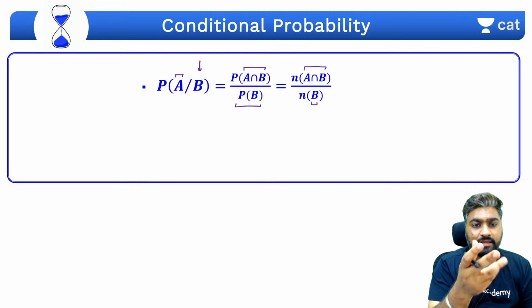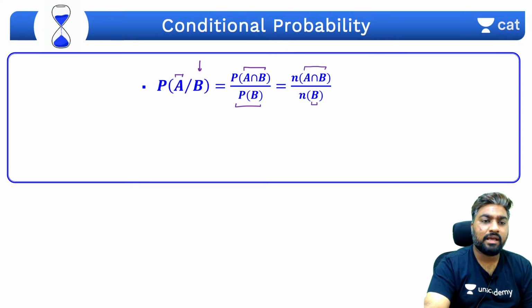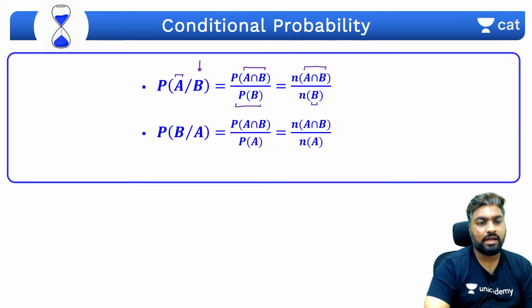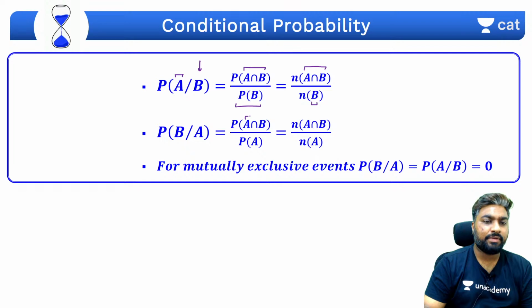This becomes vice versa when you have to make B happen first and then A. A upon B, what will happen? Same, the numerator remains the same, the probability when both A and B happen, but the denominator becomes the probability of B. Clear?